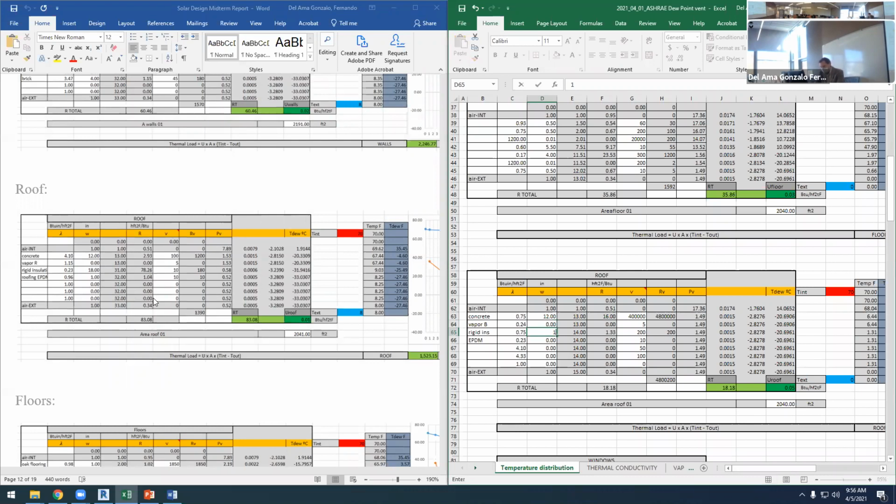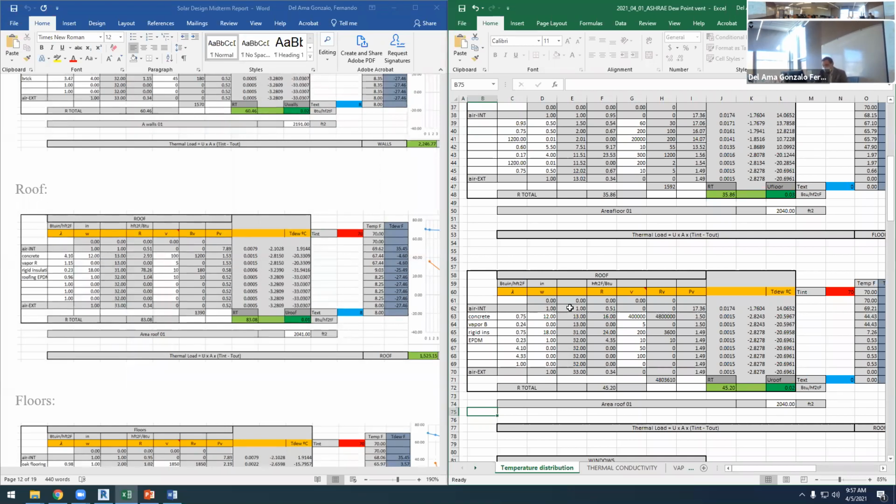The rigid insulation is 18, and the EPDM is 1. Okay. But now we have to analyze the vapor resistivity. Okay, so let's analyze the vapor resistivities.